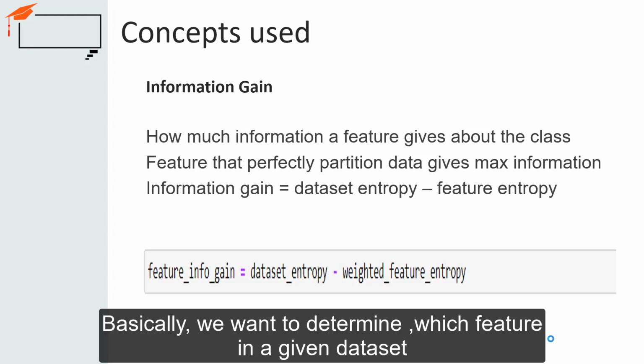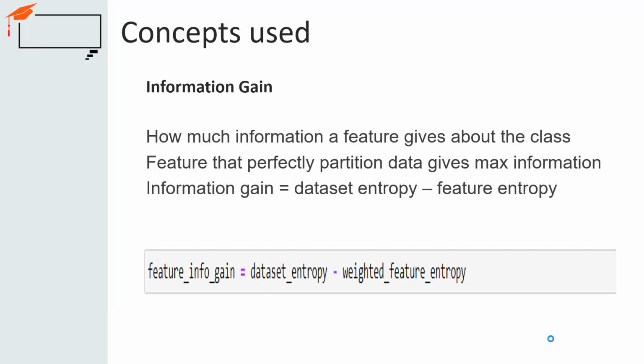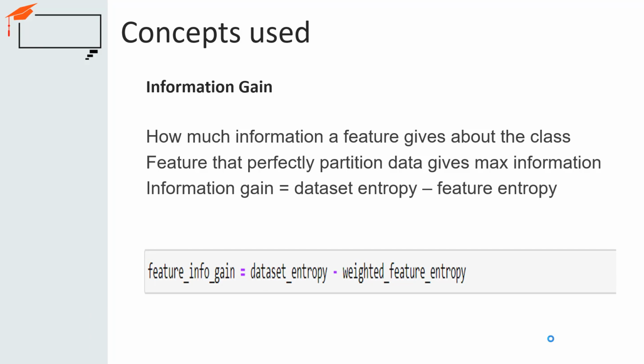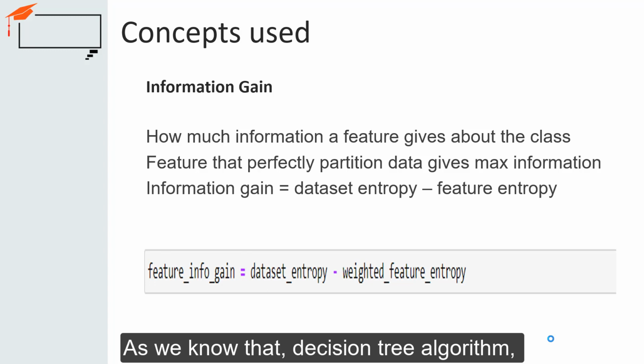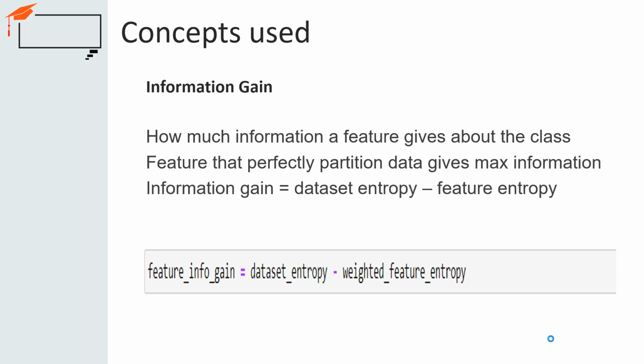Basically, we want to determine which feature in a given dataset is most useful for discriminating between the given label classes. We will use information gain to decide the ordering of features in the nodes of a decision tree. As we know that decision tree algorithm chooses the highest information gain feature to further construct a decision tree.